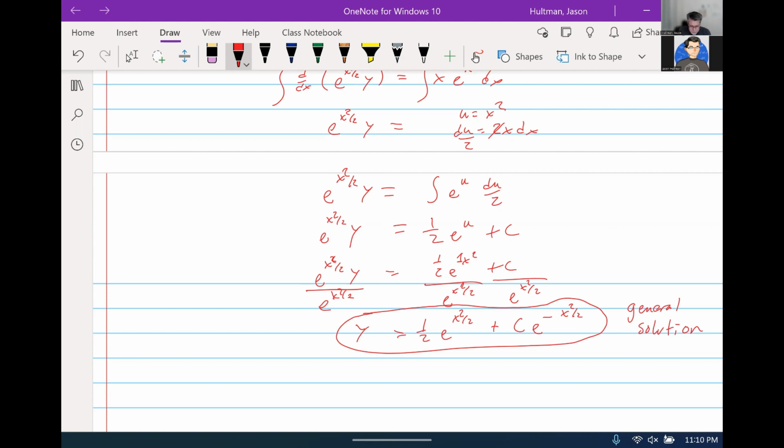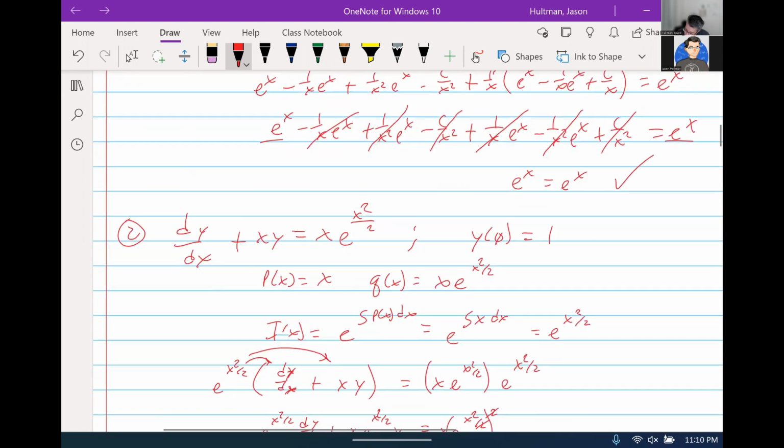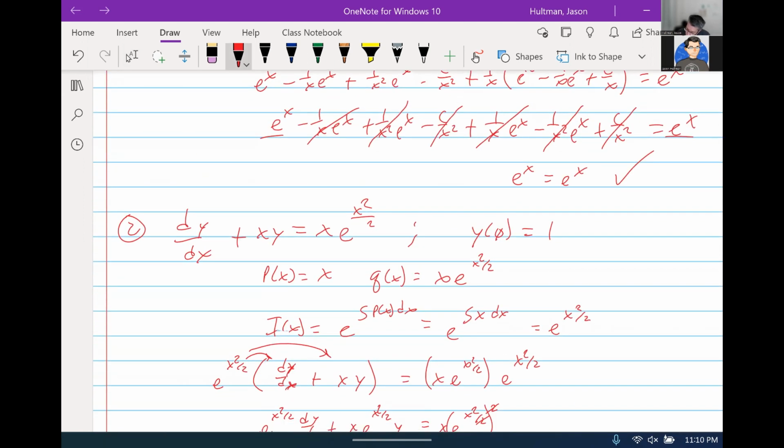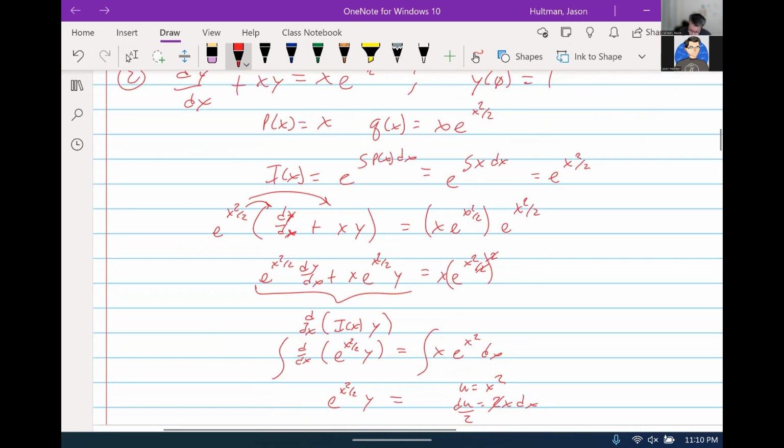Okay, so that would be my general solution, but they give me an initial condition here, which is interesting. So what's the initial condition? When x is 0, y is 1.